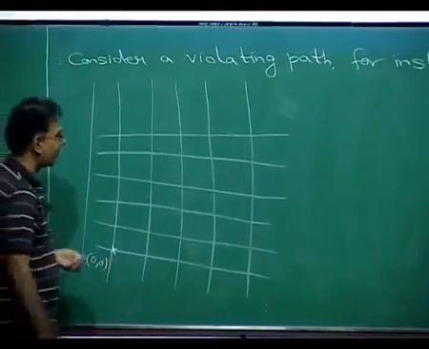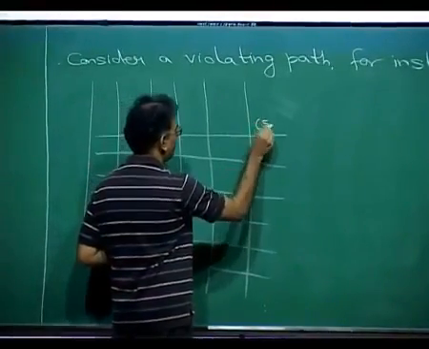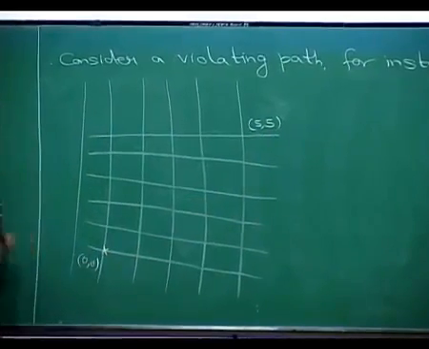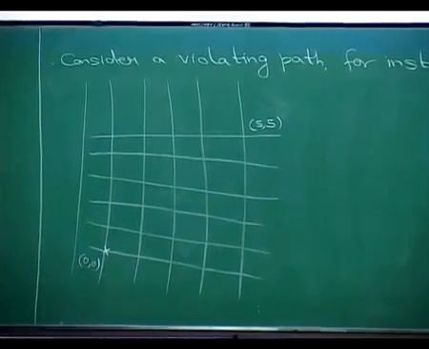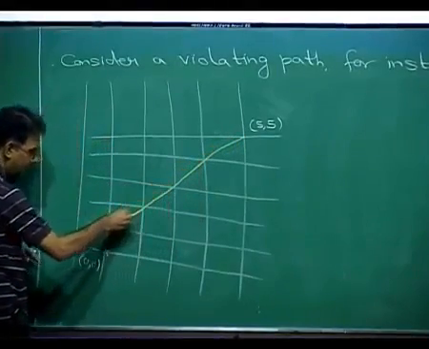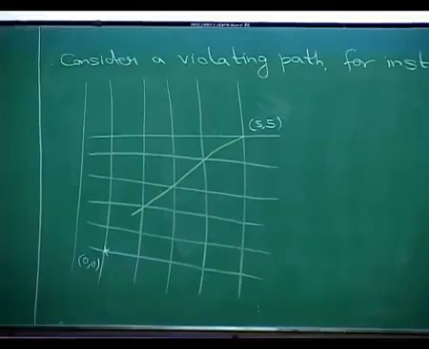I'll take n to be 5. Here is the point 5, 5. And here's the diagonal. Oh, sorry.